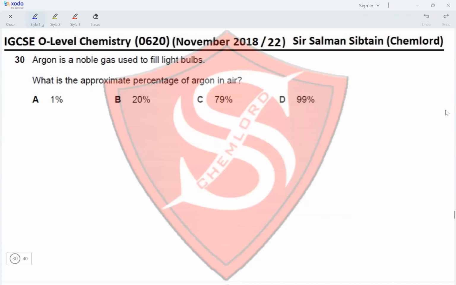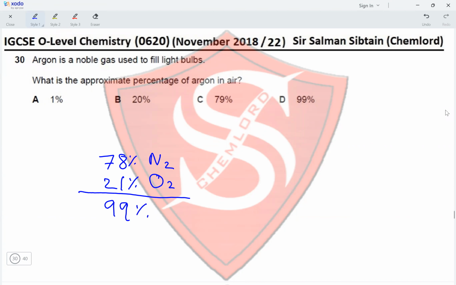Question 30. Argon is a noble gas used to fill light bulbs. What is the approximate percentage of argon in air? Since air contains 78% nitrogen and 21% oxygen, this totals to 99% of air.